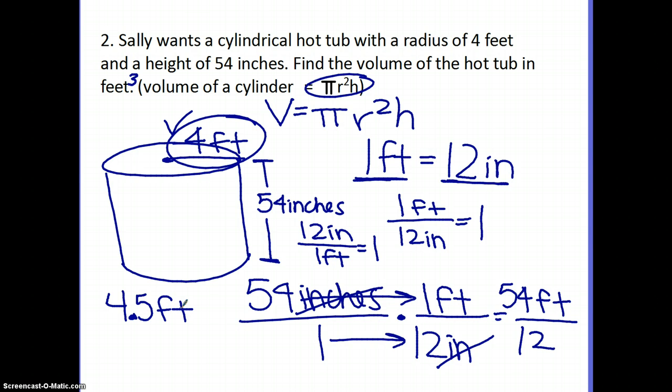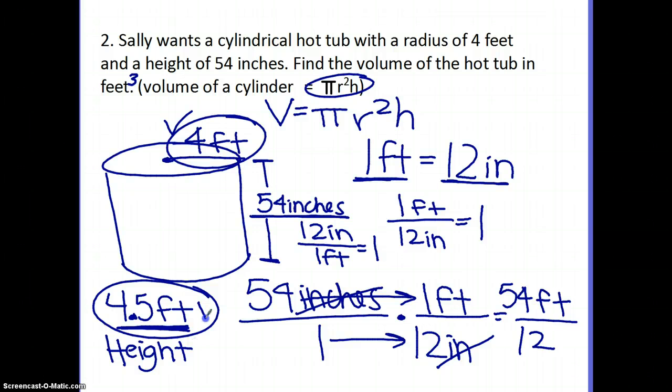Okay, so we know that the height, this 54 inches, is the same as 4.5 feet. So that's our height that we want to use, because now we have it in feet. And we have 4 feet. So these are the two things we're going to want to use, the 4 and the 4.5.